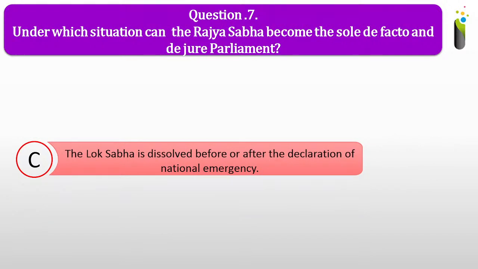And the correct answer for this question is C. The Lok Sabha is dissolved before or after the declaration of national emergency. So this situation is the one in which the Rajya Sabha becomes the sole de facto and de jure parliament.